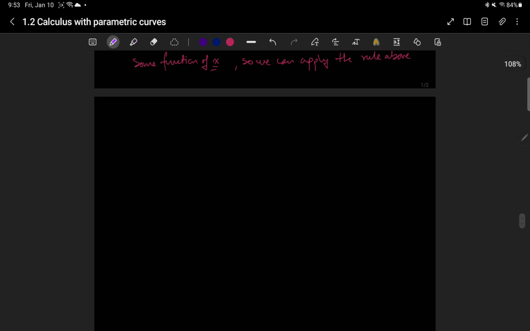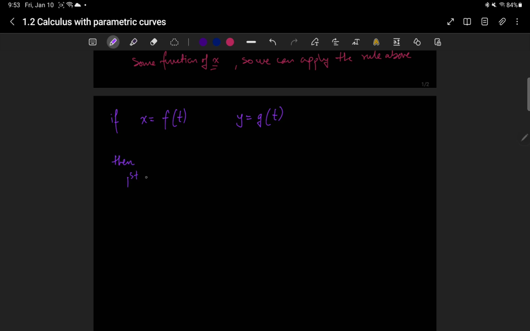So we get two results. If x is some function of t and y is some other function of t, then the first derivative, dy over dx, can be found by taking dy over dt and dividing that by dx over dt.